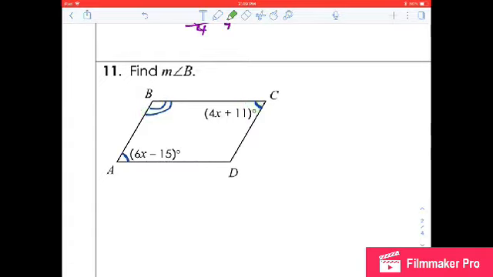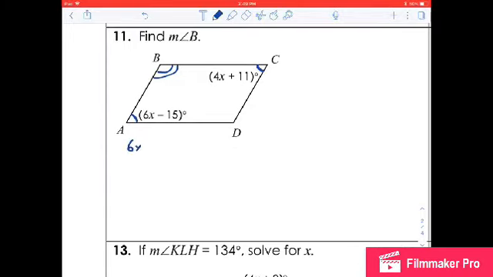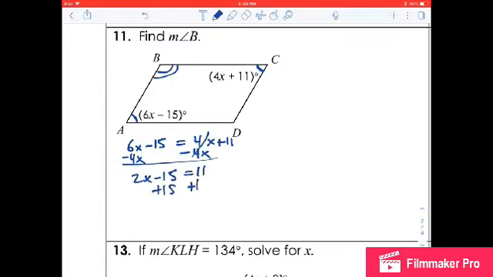So I'm going to have to subtract it from 180. But let's find x first. 6x minus 15 equals 4x plus 11. So I'm going to subtract 4x to get it on one side. 2x minus 15 equals 11. So I add 15 to both sides, and I get 2x equals 26. When I divide by 2, I get x equals 13.